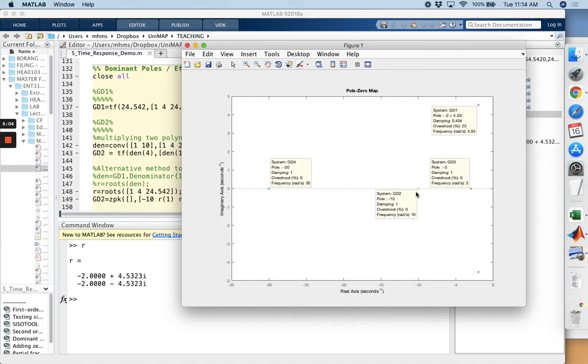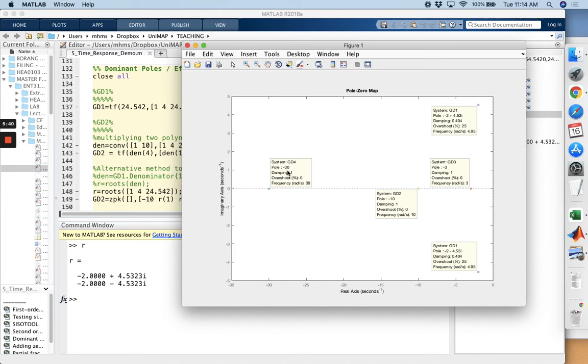So the second system has these poles and also a third pole at negative 10. And then we have a third system which has these two poles plus an extra pole at negative 3. And I have made a fourth system located further to the left, which consists of these two poles and another one at negative 30.